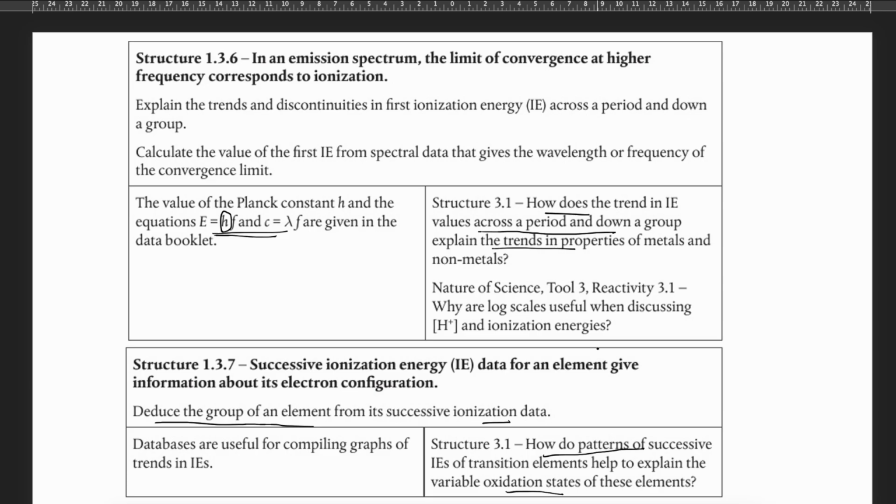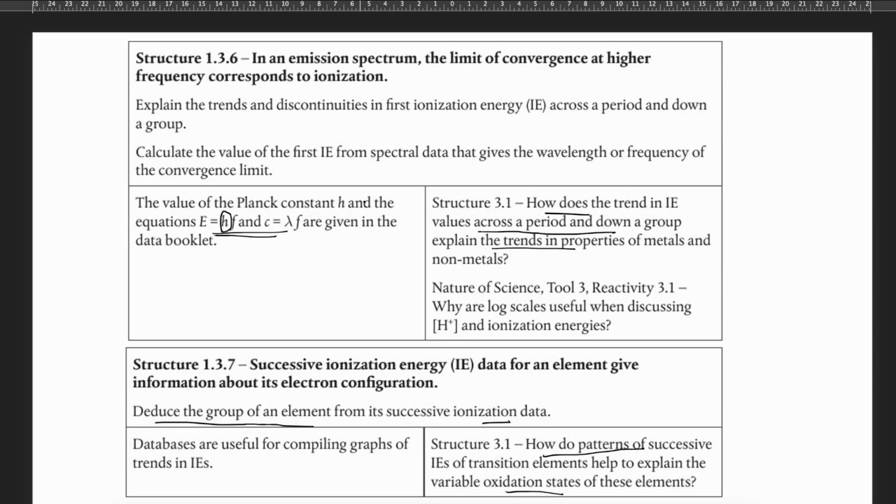For one transition element, for example, manganese, it could be +1, +2, +3, +7. We will talk about this in the next video as well when we talk about the properties of the transition elements. Also, we will calculate the oxidation state, so you will know the real reason why it has variable oxidation states and the relationship with the ionization energy. All right, so that's all for the explanation for this video.